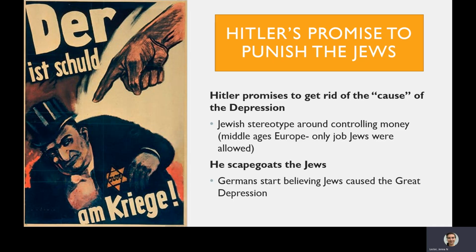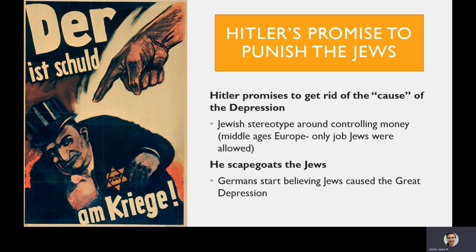So Hitler in his campaign, the video says this pretty clearly, Hitler was an elected official. People elected him. And one of his campaign promises was to punish the Jews. Hitler said Jews were the cause of the Great Depression. This comes from a stereotype around the fact that Jews historically in Europe controlled sources of money.